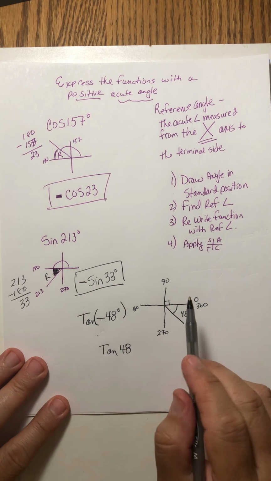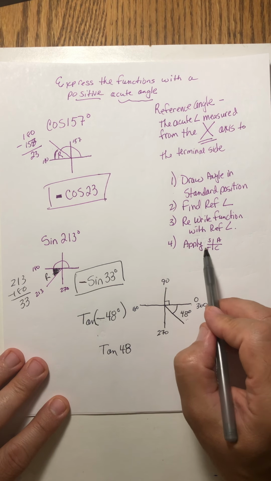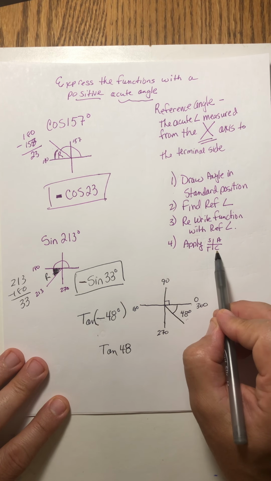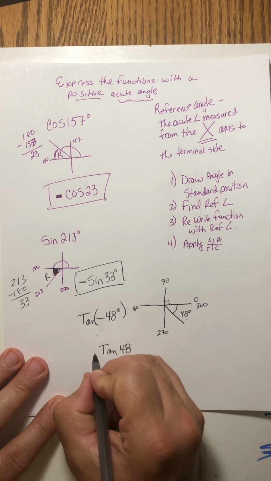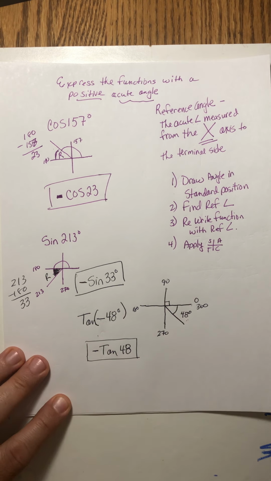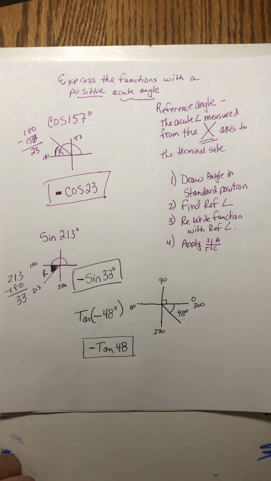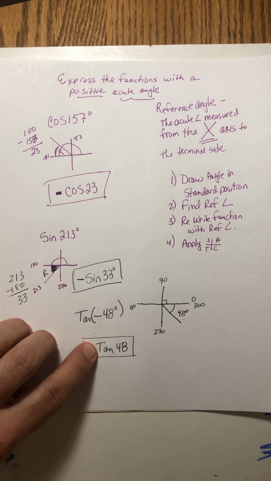And now, what do we know about tangent in quadrant 4? Well, ASTC, the only thing that's positive in quadrant 4 is the cosine, so therefore this is a negative answer. I know I did a lot of negatives here. I just wanted you to see where I wrote the negatives. If this was a positive answer, then it's just a positive answer.